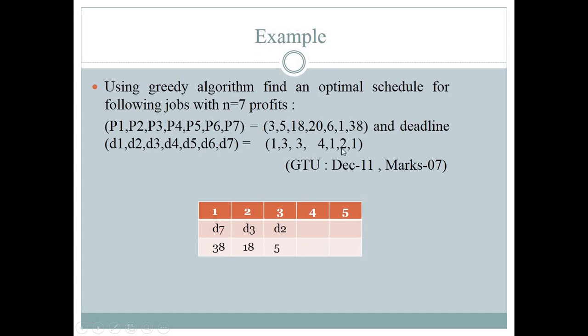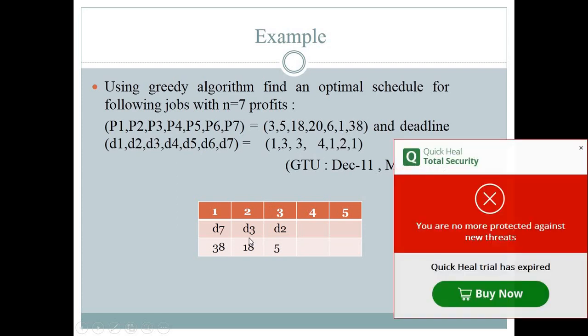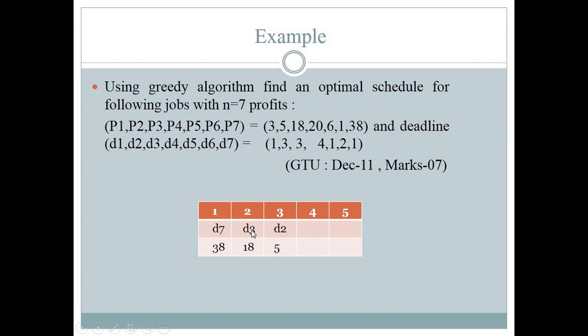My purpose is that if we select job number D6, it will give us only a profit of 1. But if we select D3 and D2 both, it will give us profits of 18 and 5. In the earlier case it would give us a profit of 1 and 18, total 19 only, and now it gives us a profit of 23.